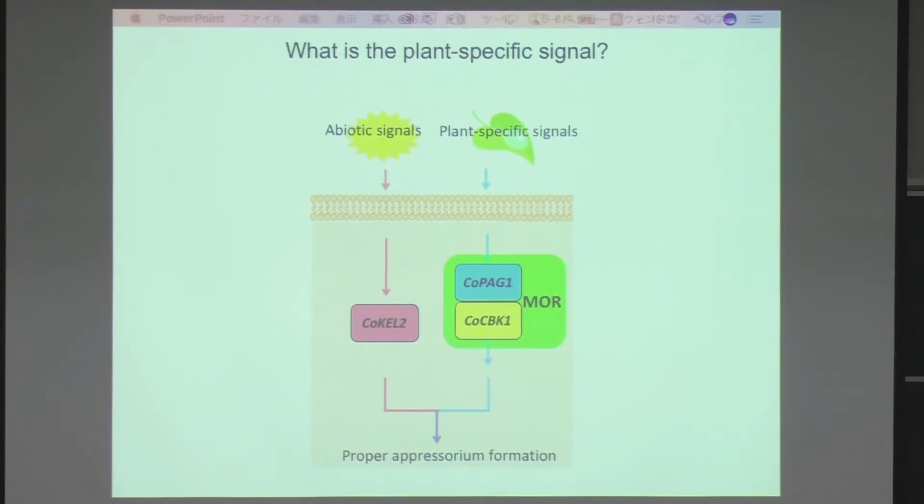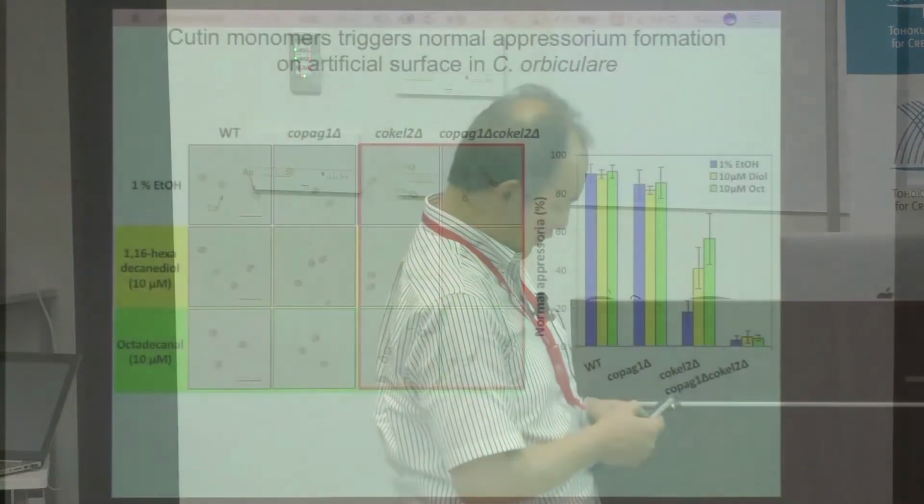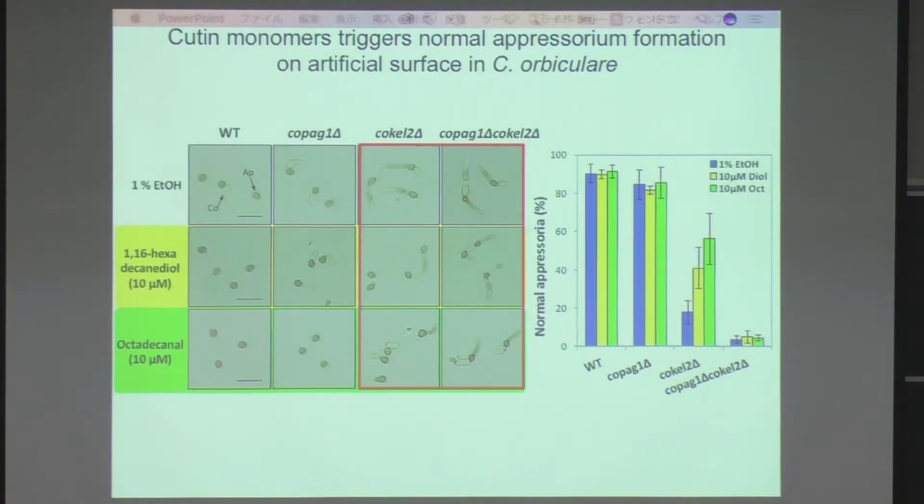And next question, what is the plant signal for inducing the appressor formation? So we evaluated the effect of plant surface cutin monomers, 1,16-hexadecanediol and octadecanol. These were actually identified from the leaf surface exudate of cucumber leaves.